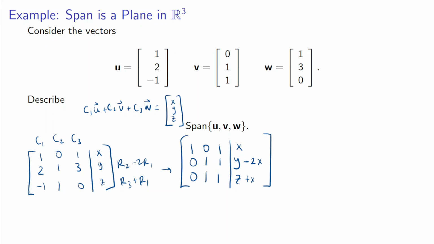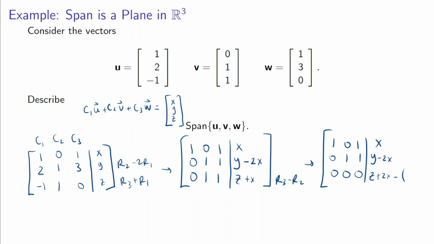Okay, so we'll just keep going here. Next step might be to do R3 minus R2, and get 1, 0, 1, x; 0, 1, 1, y minus 2x; and then we get 0, 0, 0. And then we have z plus x minus, in parentheses, y minus 2x.